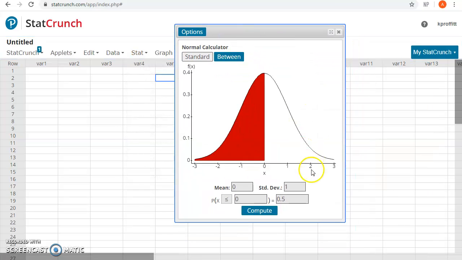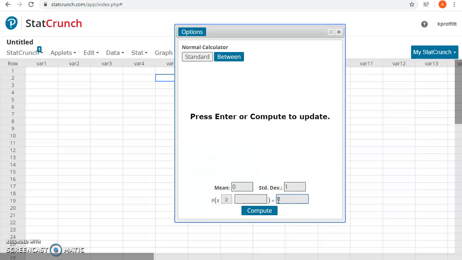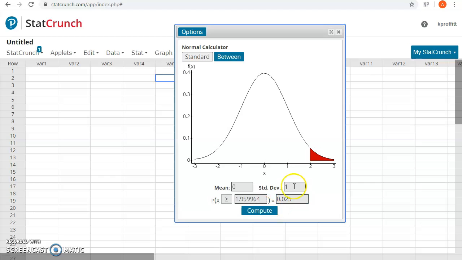To find your Z-score, you're on the standard normal curve, so your mean is 0 and your standard deviation is 1, and we want the area to the right. You could do it to the left, you just get a negative Z-score. It's 0.025 or 2.5% on the right-hand side. So there's your cutoff Z-score.